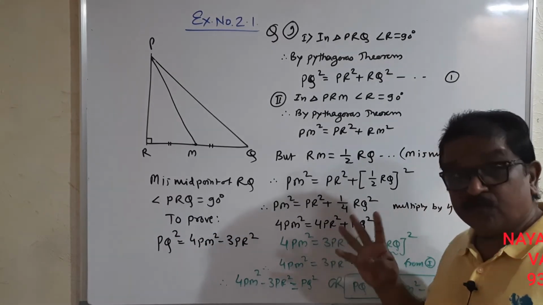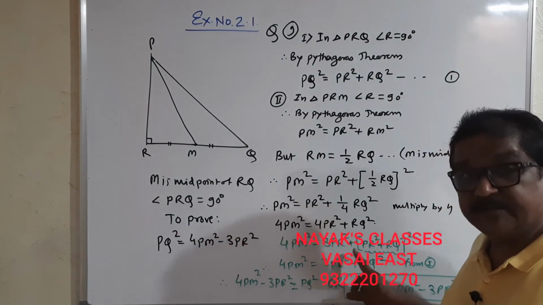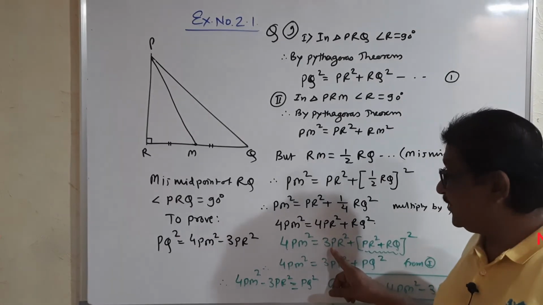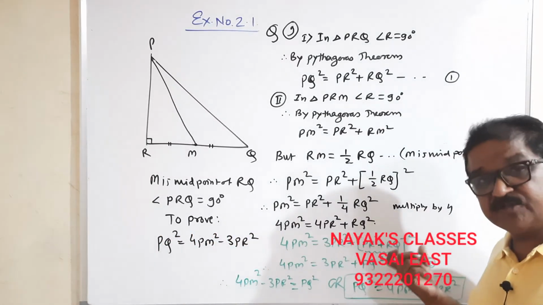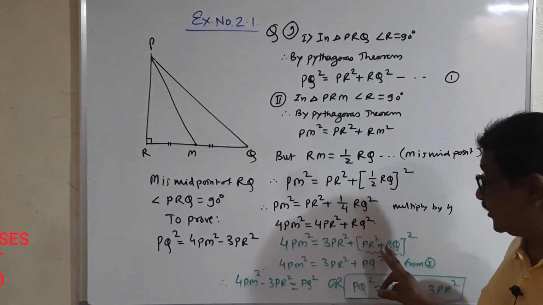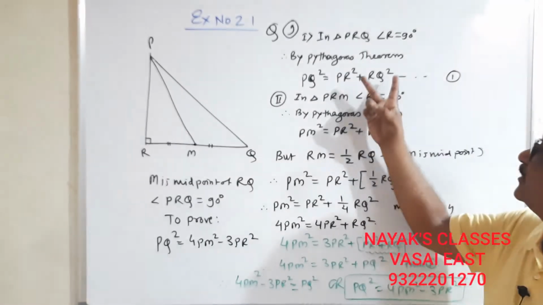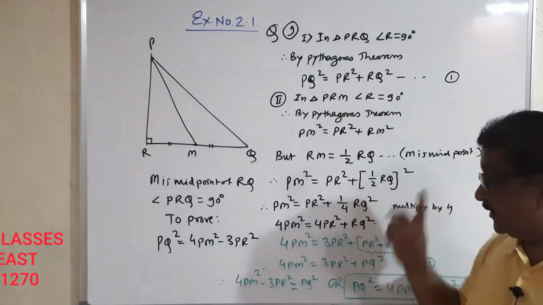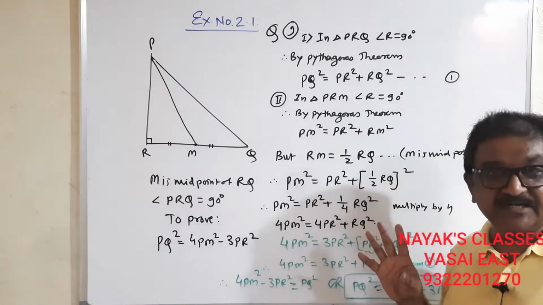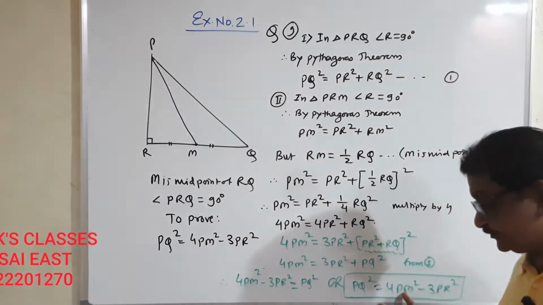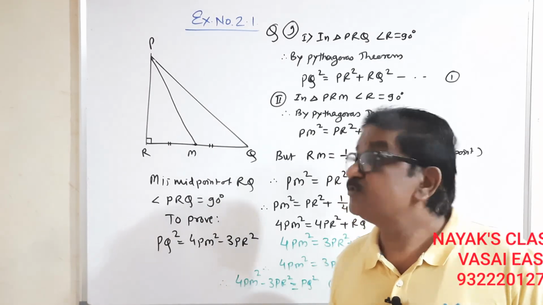This 4 PR square, we split into 3 plus 1. This 3 PR square is outside the bracket and the remaining PR square we have taken inside the bracket. So PR square plus RQ square is nothing but PQ square. We have put the value and transferred this 3 PR square to the left hand side and we got the proof. This was the 9th example of exercise 2.1.